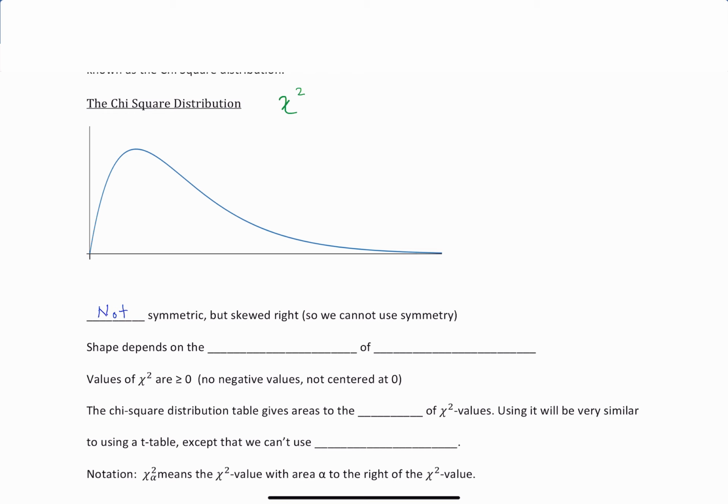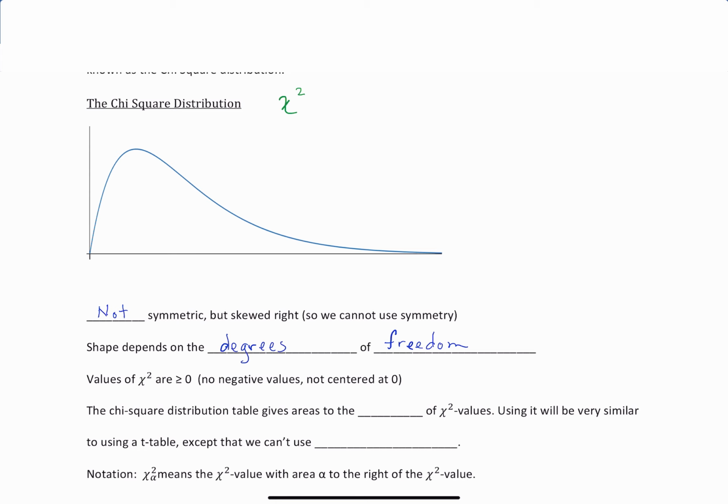Now, the exact shape of the chi-square distribution depends on degrees of freedom. So we'll be using degrees of freedom like we did with the t distribution.